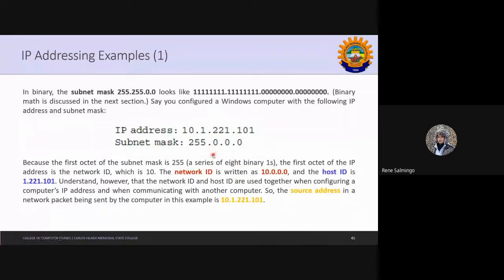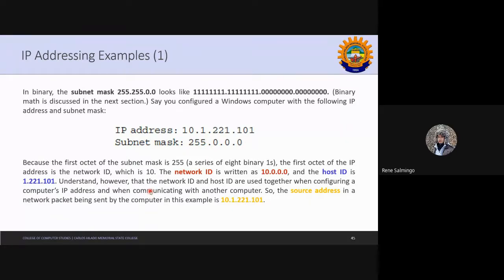Now, for example, the subnet mask given for this Class A is 255.0.0.0. Because the first octet of the subnet mask is 255, so we refer to this as 255, and the next one would be 0 in this case for this example.